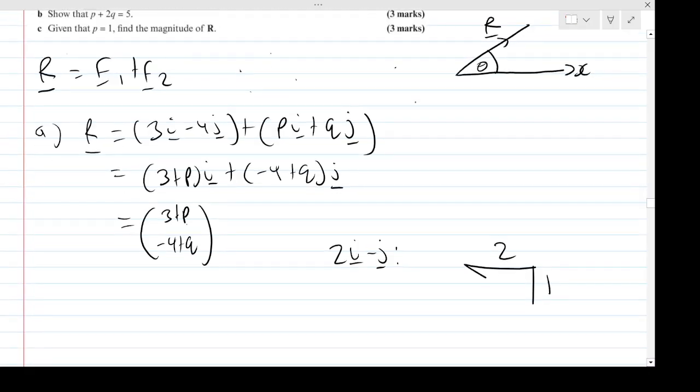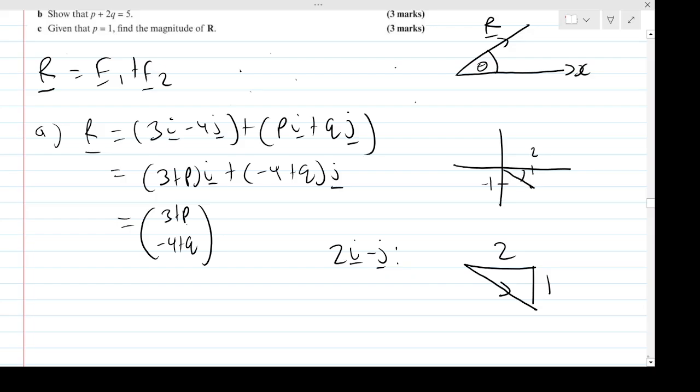So then we get this sort of triangle here, and that is the vector 2i minus j. The 2 is the x part. If we were to plot this on an xy grid, it'd be 2 on the x-axis and then -1 down, and there we are.